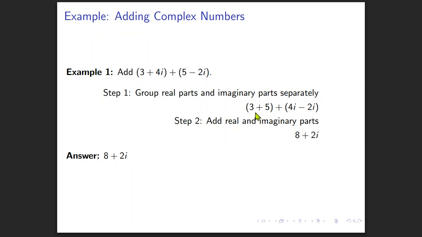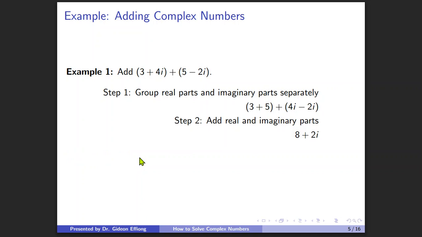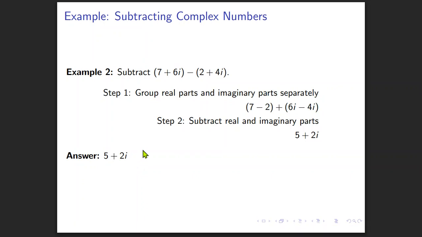So in that case, we'll have 3 plus 5 plus 4i minus 2i. Step 2: add real and imaginary parts. So we'll have 8 plus 2i. The final answer is 8 plus 2i.